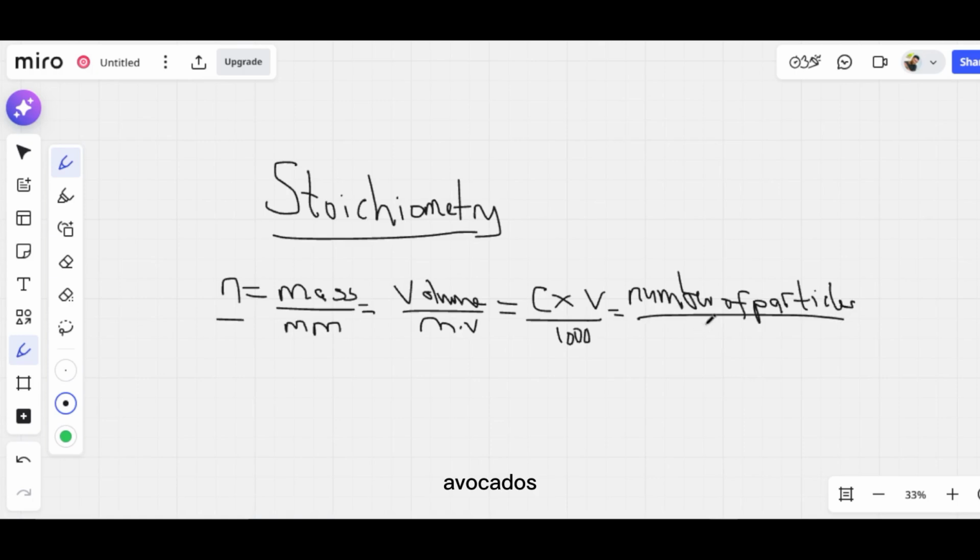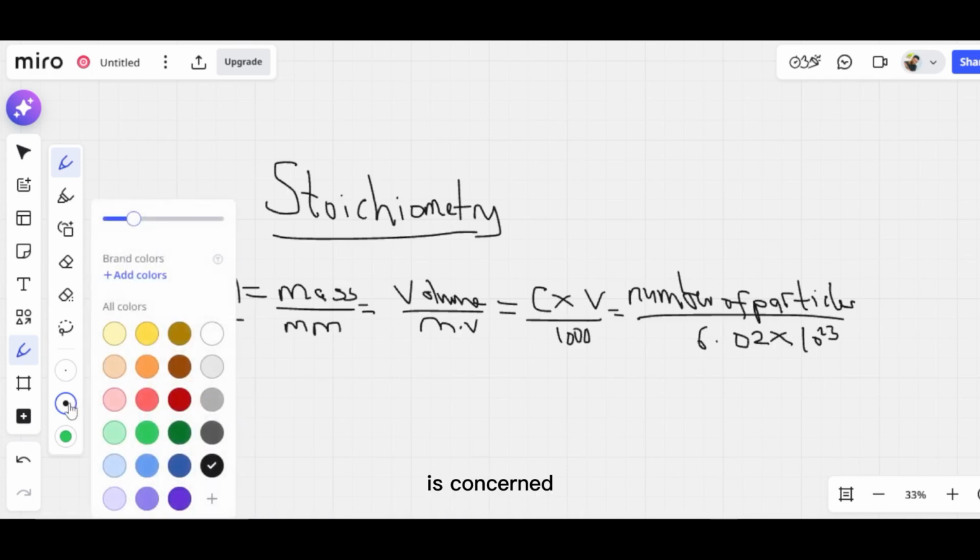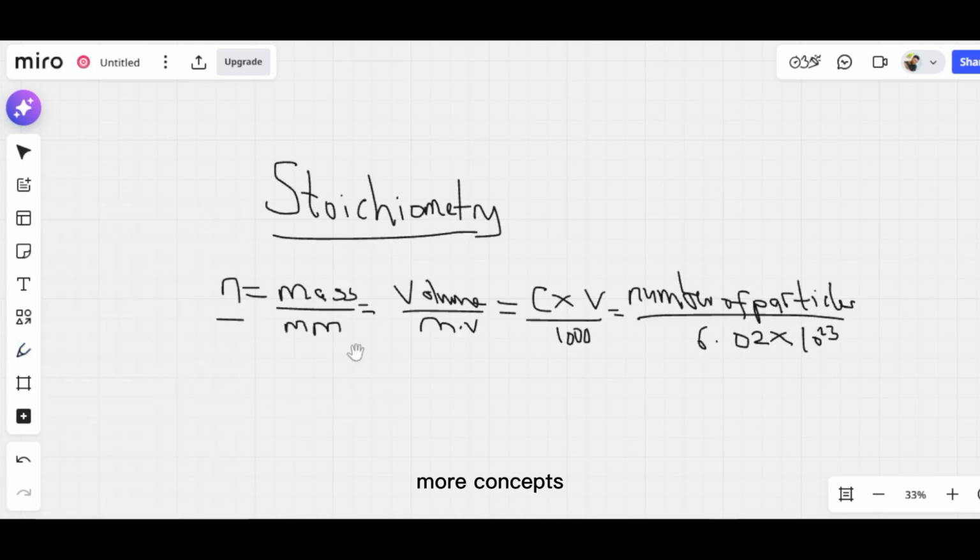And Avogadro's constant in chemistry is 6.02 times 10 raised to power 23. So all these formulas that you can see here are very important as far as stoichiometry is concerned. All right.